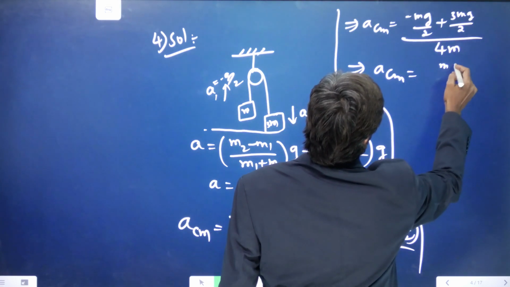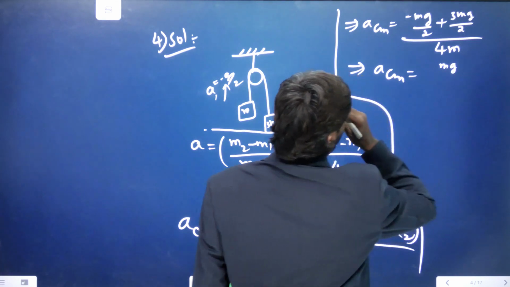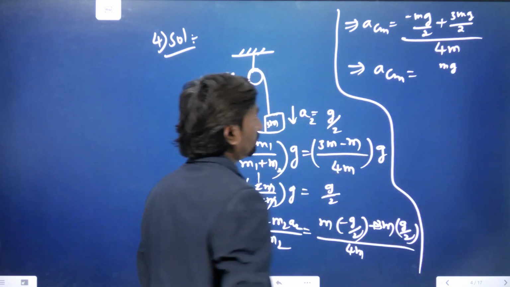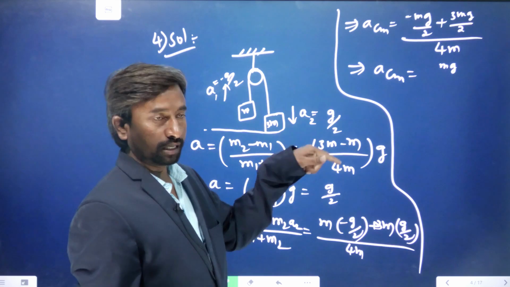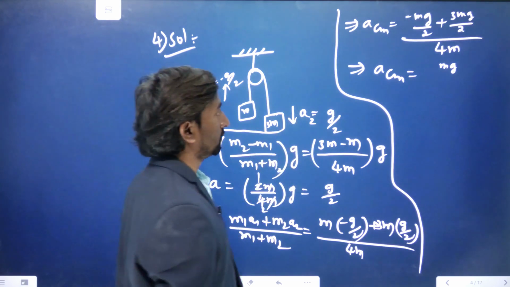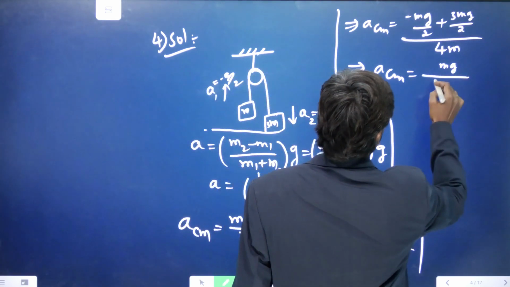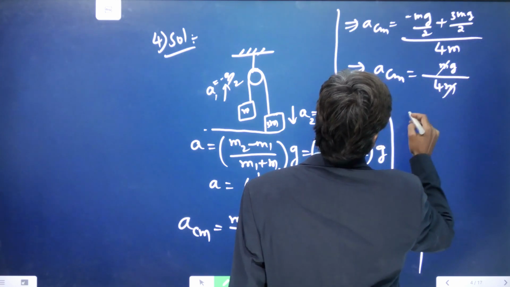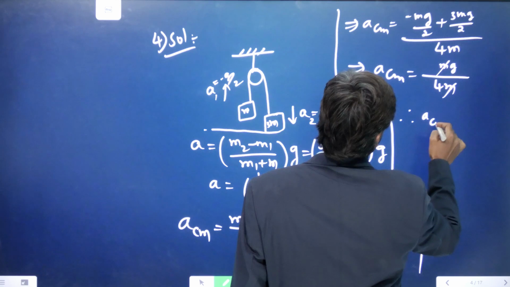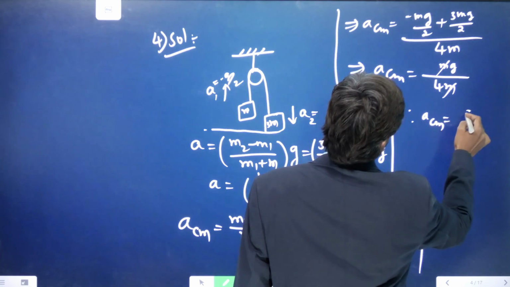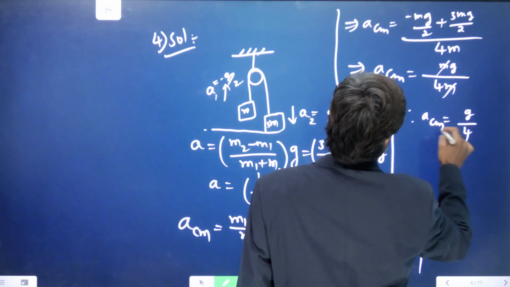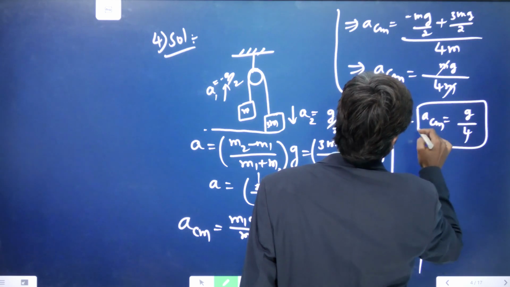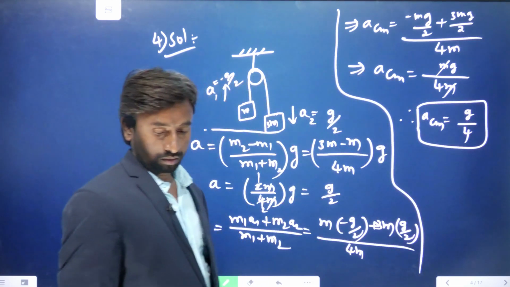So here mg will we get, no? 3mg minus mg, so 2mg divided by 2, 2 will be cancelled, mg will remain, and divided by 4m, and m will be cancelled there, therefore we will get ACM is equal to g by 4.